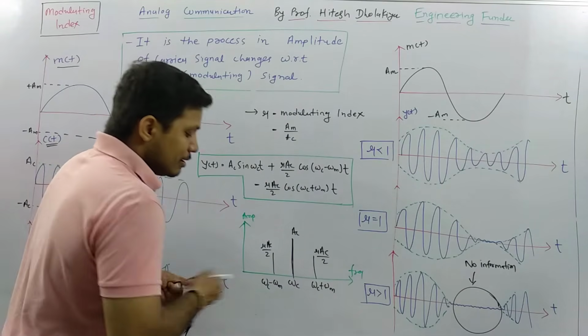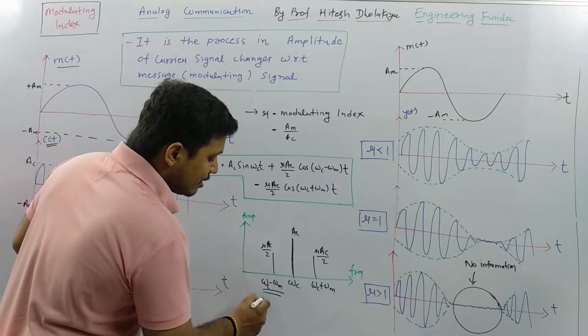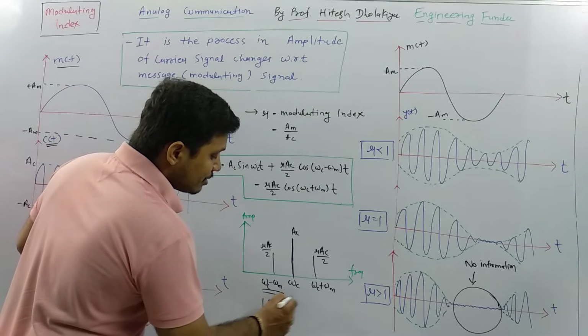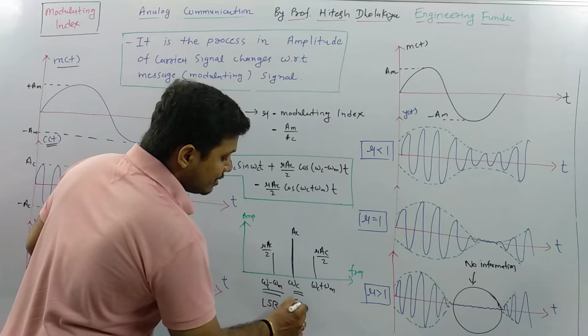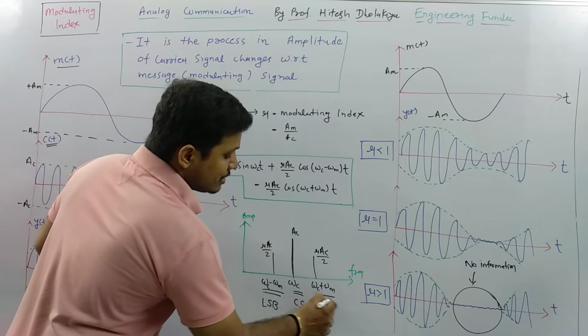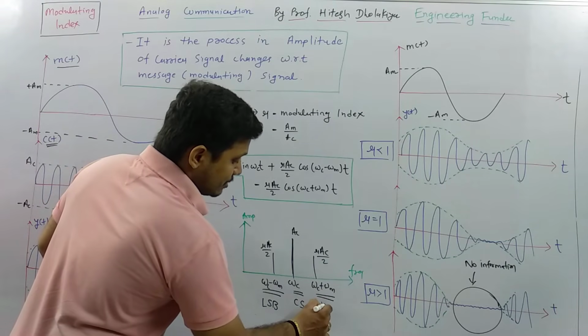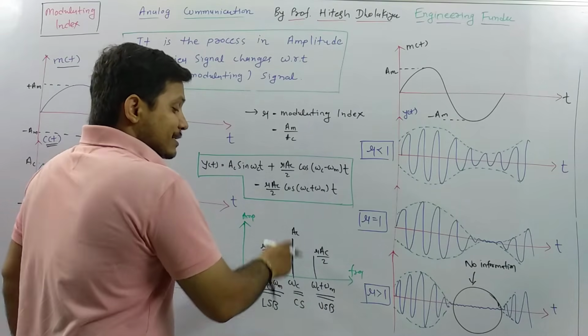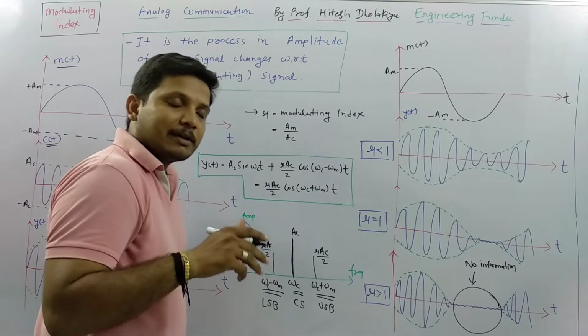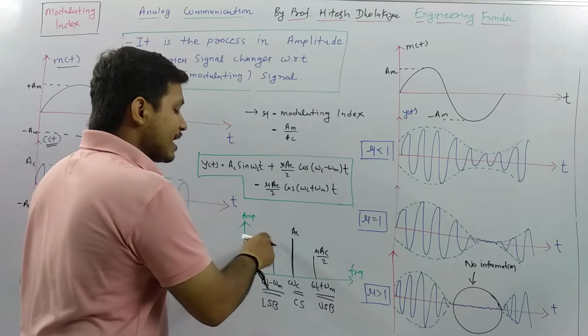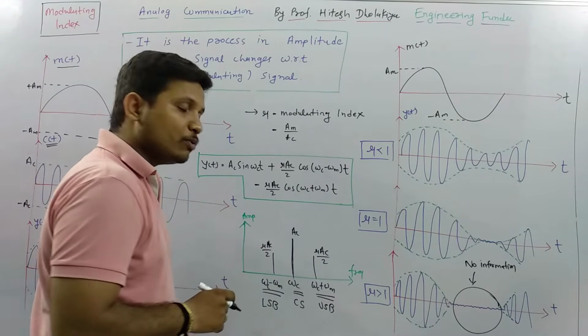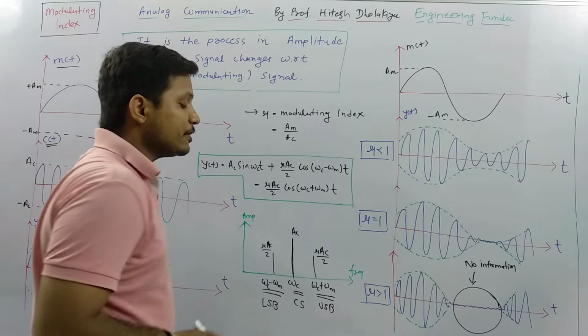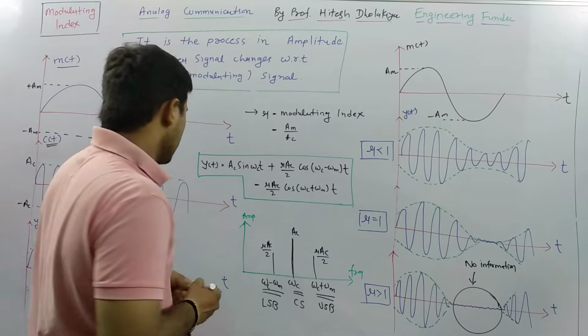This is the lower sideband LSB, this is the carrier signal, and this is the upper sideband USB. The carrier signal has amplitude Ac, the lower sideband has amplitude mu Ac by 2, and the upper sideband has amplitude mu Ac by 2.